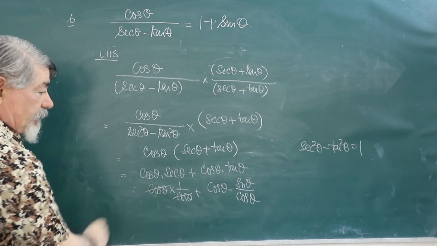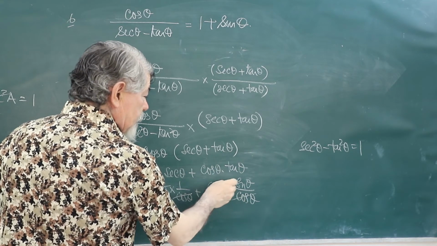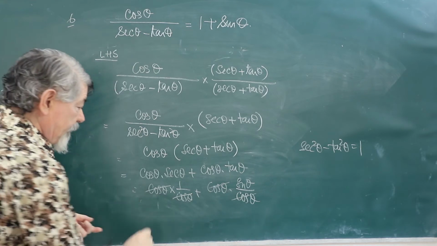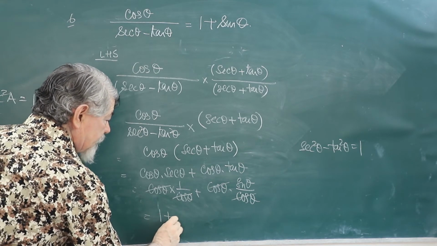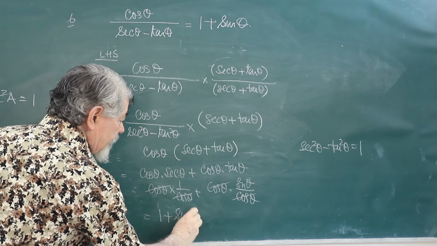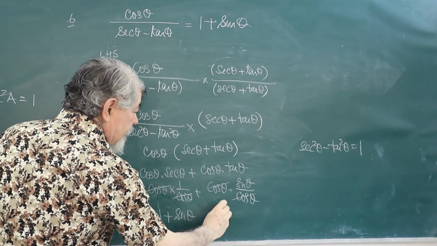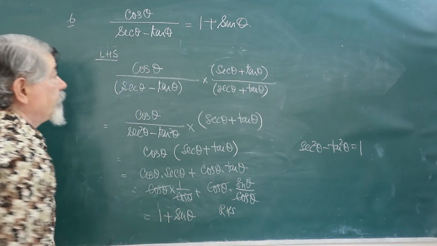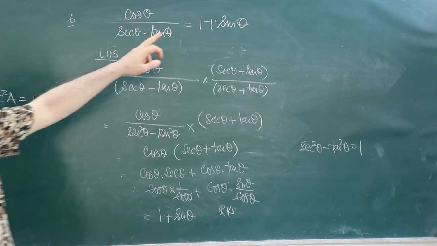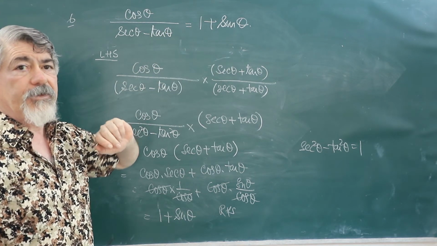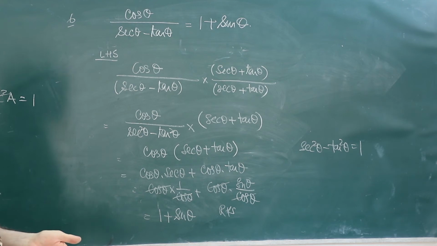Cos theta will cancel, cos theta will cancel. Here it will remain 1, and in the second it will remain sin theta, which is the right hand side. We have to prove it equal to 1 plus sin theta.